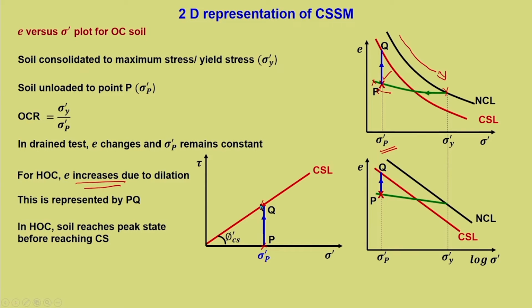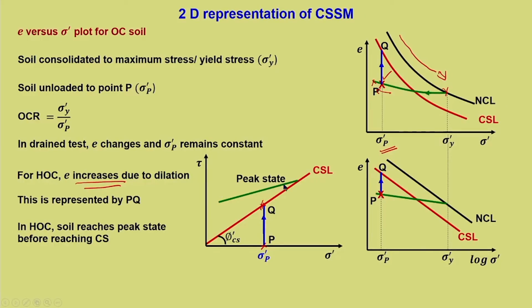Now, where is the question of peak coming into the picture? In fact, this representation is not fully correct. So, what has to be done? We need to understand that the stress path would first hit the peak line or the peak state and then return to the critical state, and that too we have to remember it is at sigma_p' constant because it is a drained test.